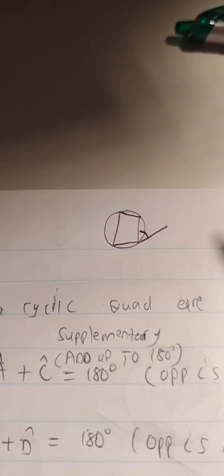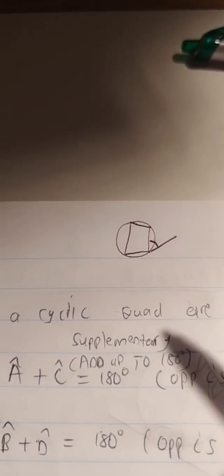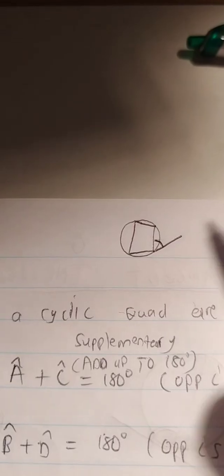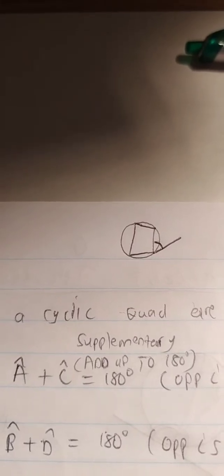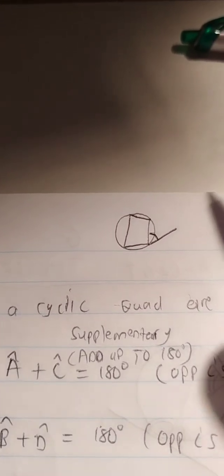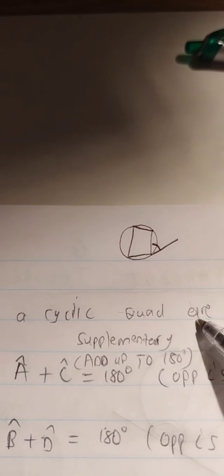Any exterior that you have must be in line with the extension of a side of the quadrilateral, which basically leads you to the exterior angle.